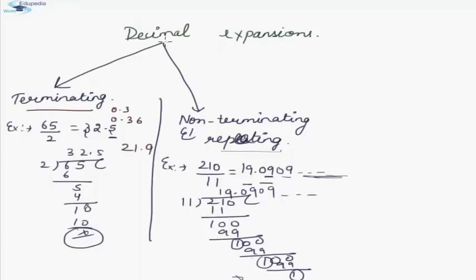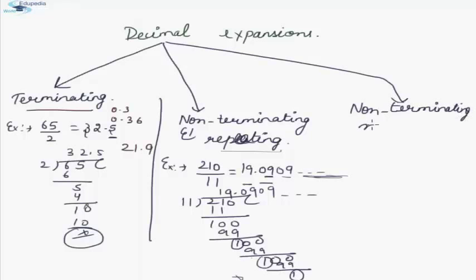Now the third category of decimal expansion is non-terminating and non-repeating. For example, we have a number under root 2.